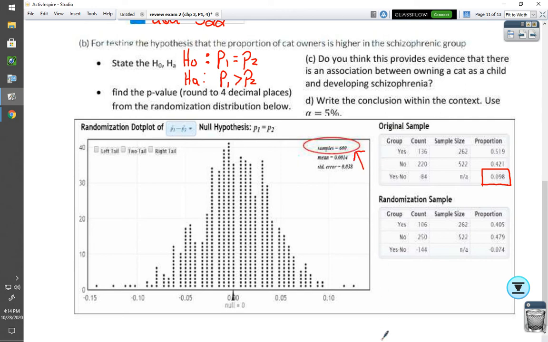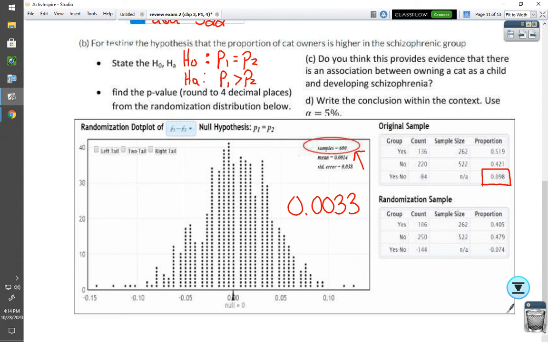In 600 people, we're going to multiply those numbers together of that proportional difference of 0.098 and those 600, and we're going to get approximately 0.0033. That's going to be our approximate p-value, and we do not double that p-value because why? Because it's a right-hand side tail test only.